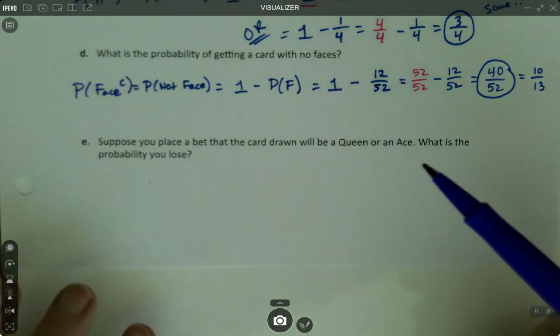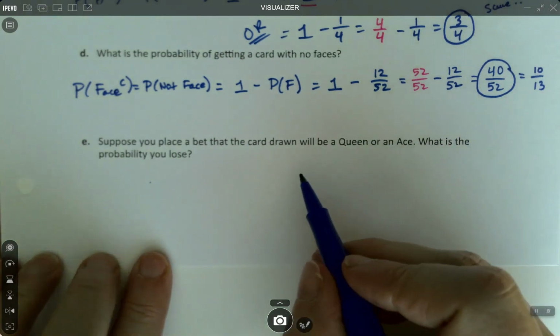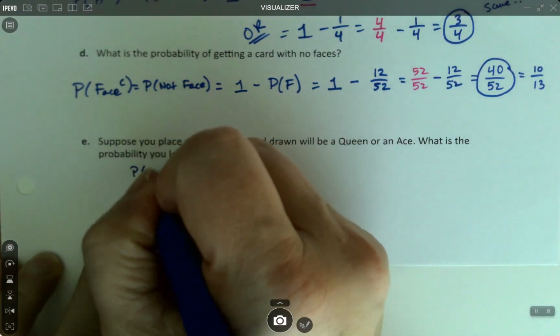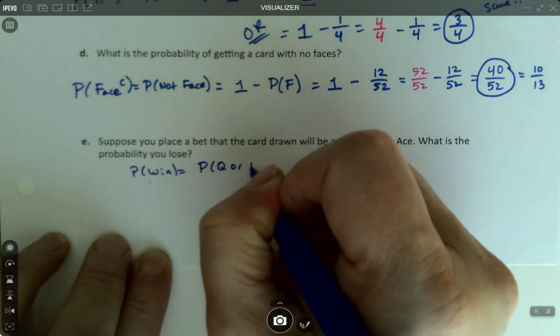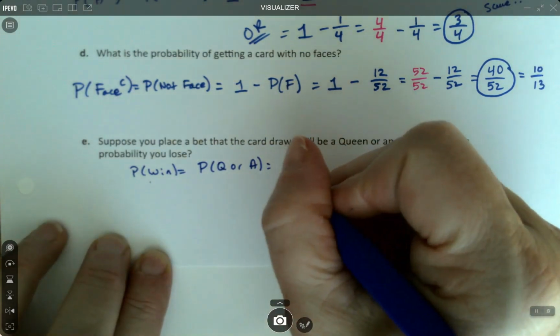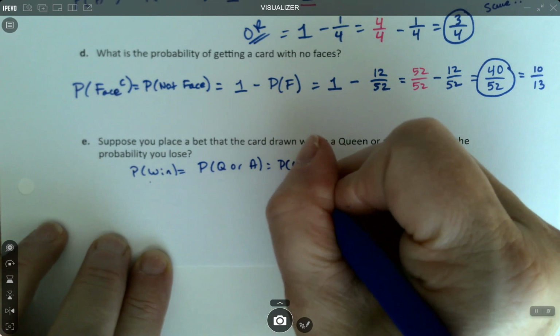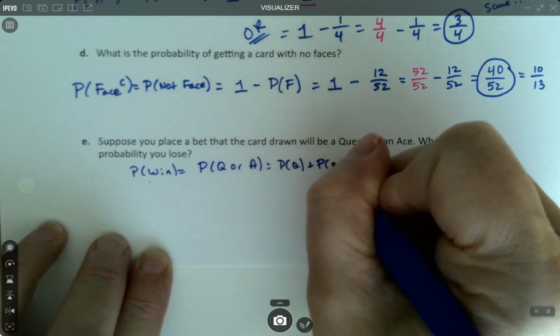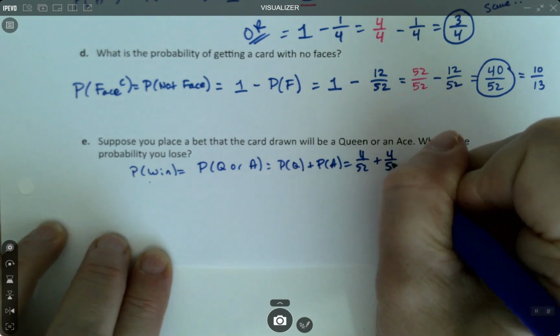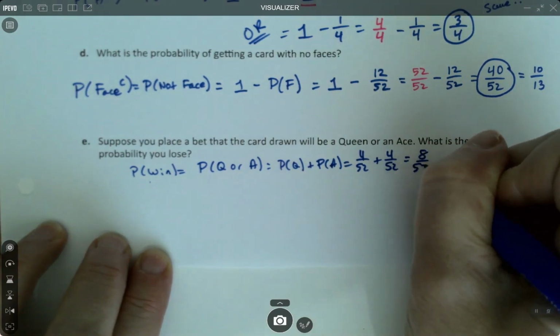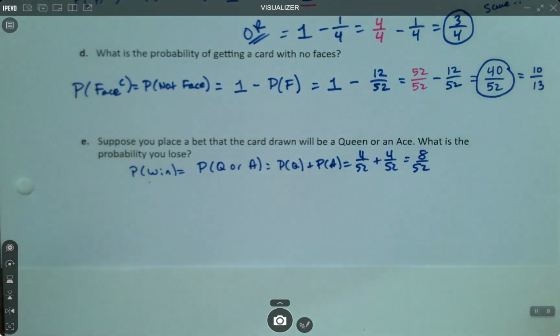So if you think about it, the probability that you win is, I'm just going to write this down, the probability that it's a queen or an ace, which we learned how to do a couple pages ago. That's the probability of queen plus the probability of an ace, which is 4 out of 52, plus 4 out of 52, which is 8 out of 52. Right? Because they're disjoint events, we can just add them up. Done.